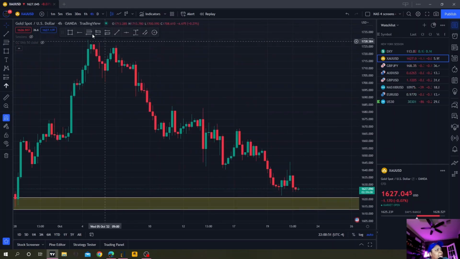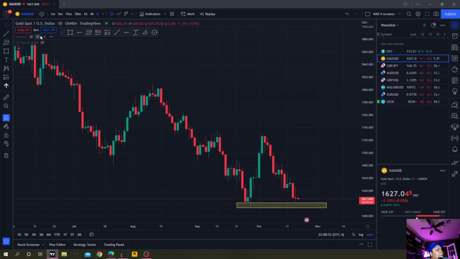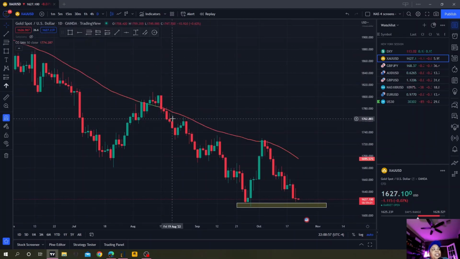I'm going to drop down. Let me see on my daily. And I can put my 50 SMA too, y'all, just so we have that confluence too. So on the daily we have, I'm going to say a downtrend still until we find out what's going on here.